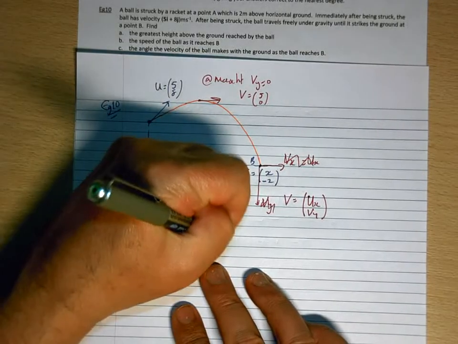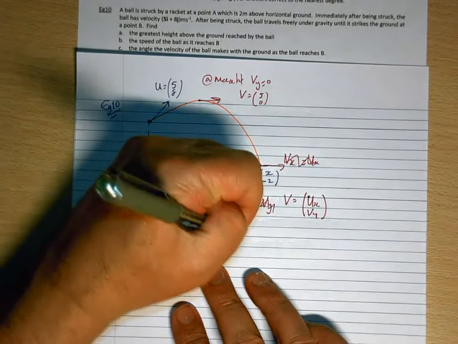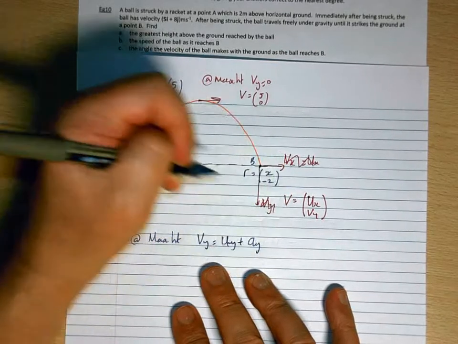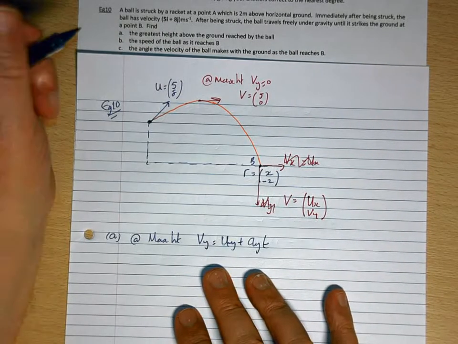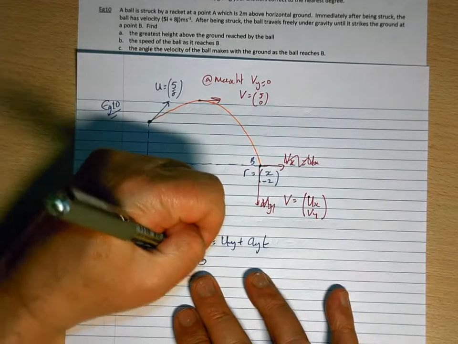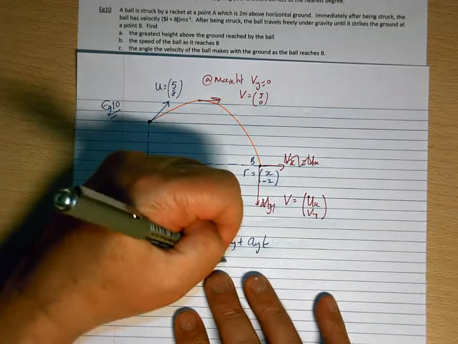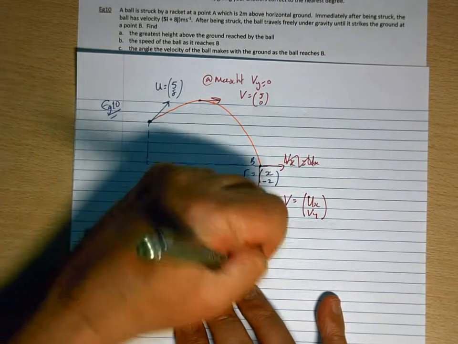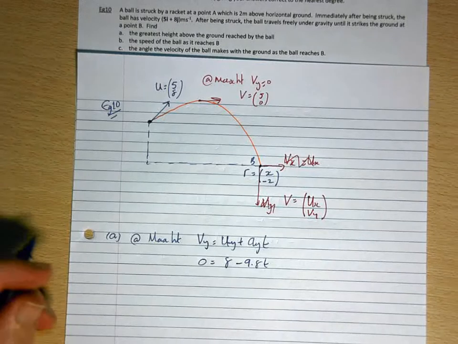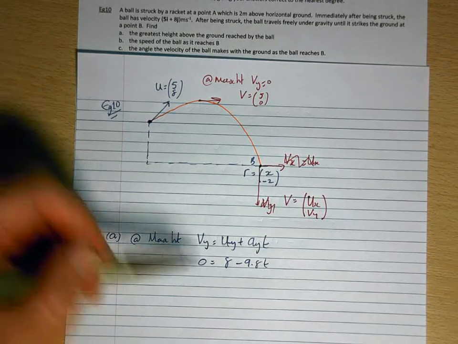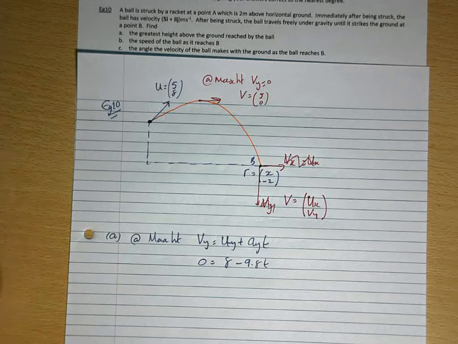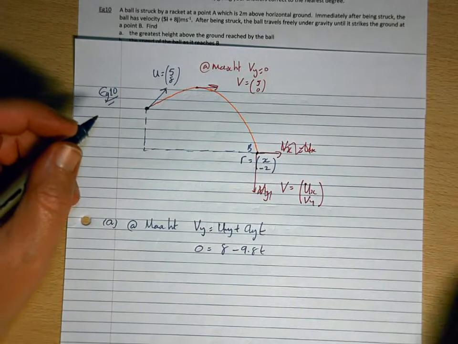Vy equals Uy plus Ay t. Vy is 0, Uy is 8, minus 9.8t. So the vertical component is 8, and the vertical component of acceleration is minus 9.8.